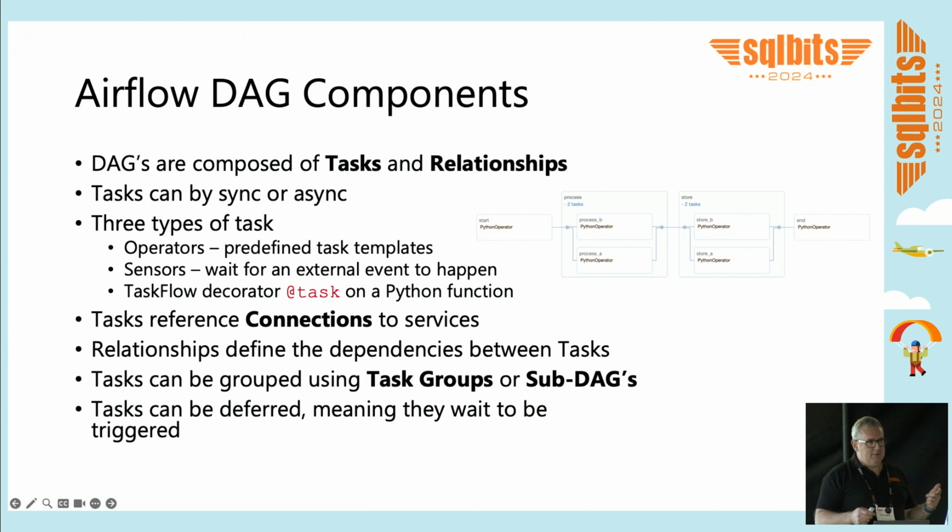You've got sub-DAGs, which is where we're trying to encourage code reuse by building a DAG and then embedding it inside another DAG. Or we can have task groups. And task groups initially were more of a kind of UI-based thing. So a task group just says, take all of these tasks that I have, put them in this box, and now I can depend on all the things in that box for the next thing. But it doesn't actually break it out into a separate component that we can reuse. So you use them in slightly different ways, and there's a subtle difference between them.